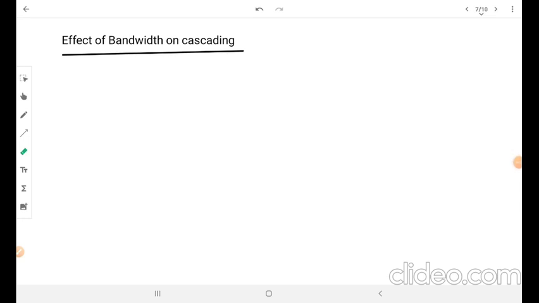Then next we can see the effect of bandwidth on cascading. For that also we are considering the same n stage cascaded amplifier. For these n stages, let FL be the lower cutoff frequency and FH the upper cutoff frequency. Then for the individual stages, the gain at low frequency is related to the gain at mid frequency.